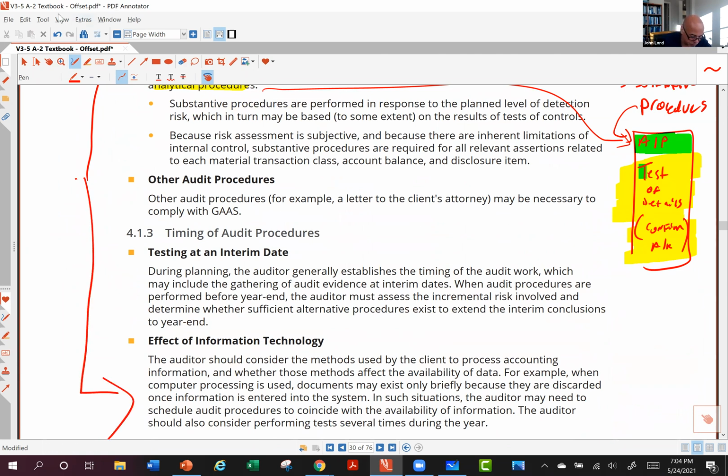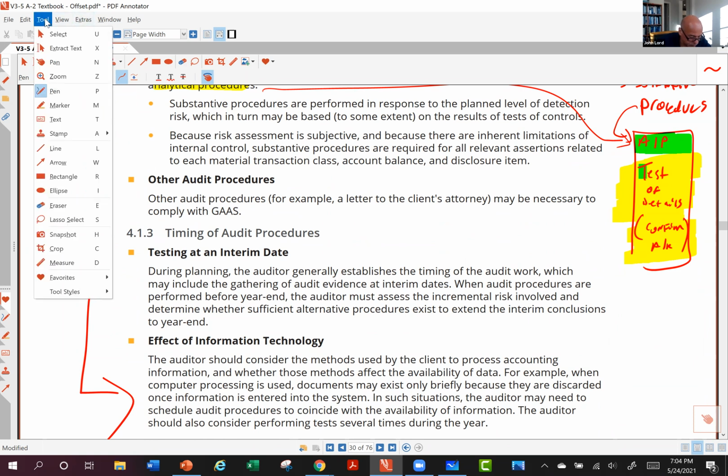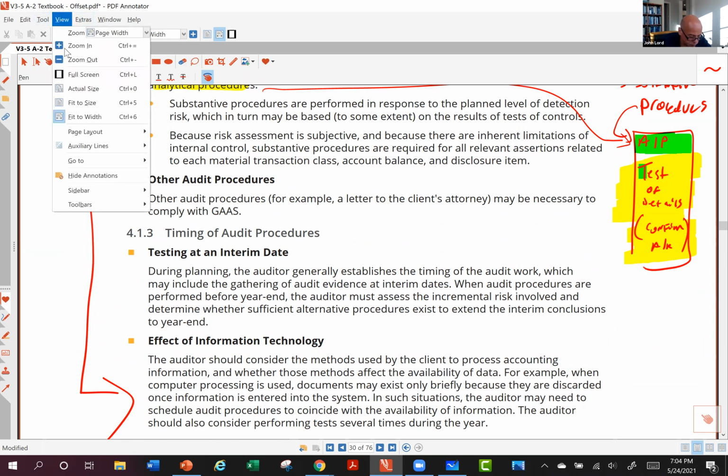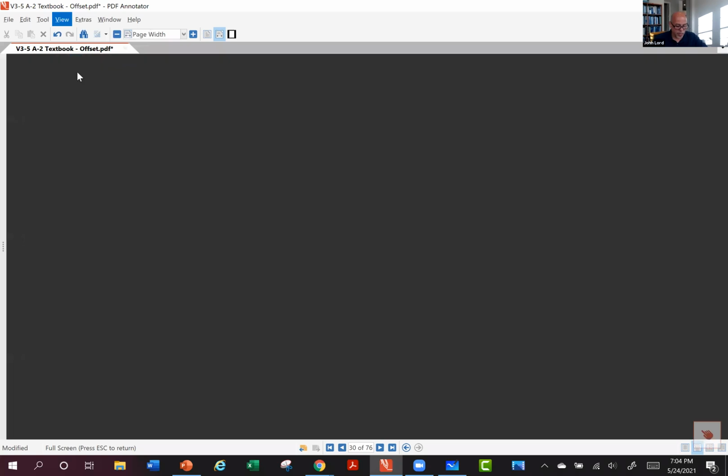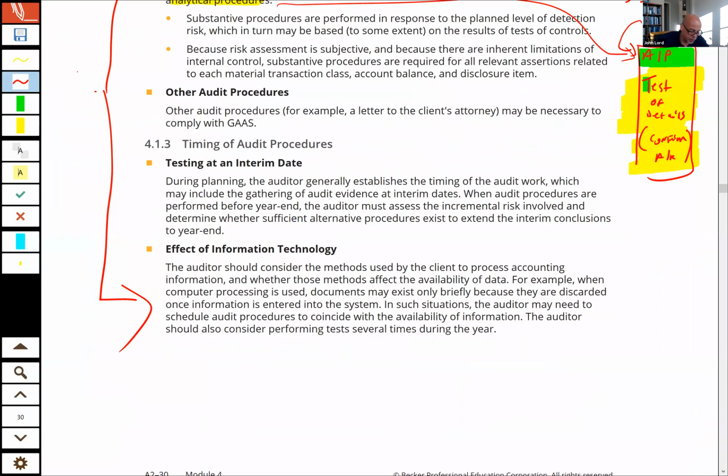Okay, let me go ahead and put myself back into full screen here. Okay, so what happens here? Well, now we're saying, look, if you're auditing an entity that has a highly automated environment, then they're not spitting out a bunch of documents that you're going to be able to come back and look at the end of the year.